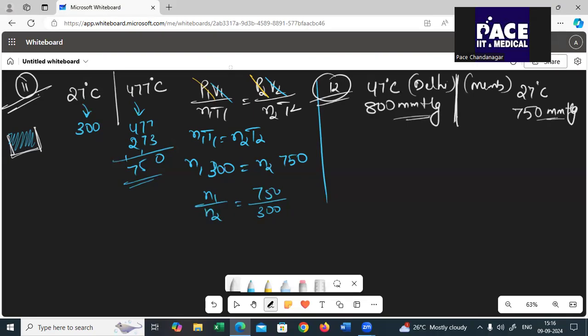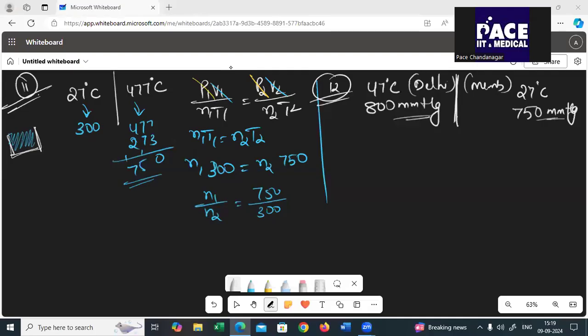Now, density ratio is what? D1 by D2, you would just do the same thing. Gamma 1 by gamma 2 is V1 by T1 by V2 by T2. All those equations at one state you write once.